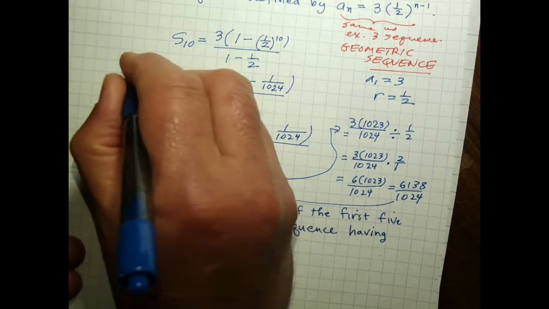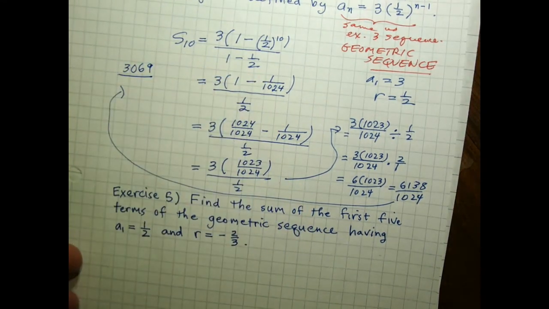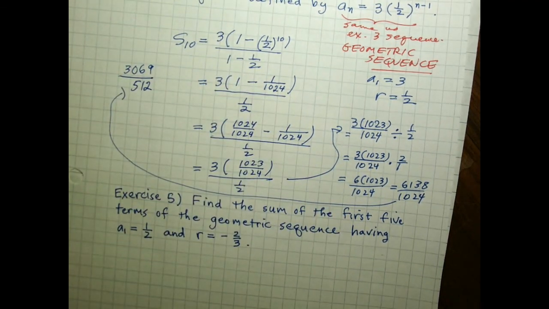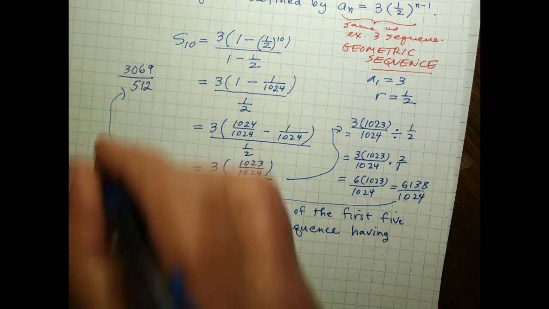So we get 3,069 over 512. 3,069 divided by 512 is about 5.994.